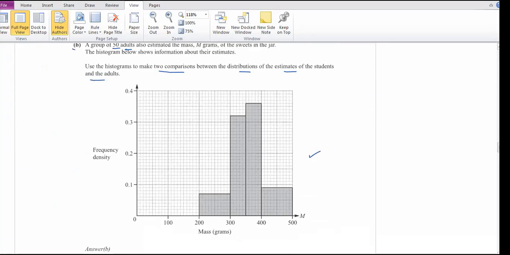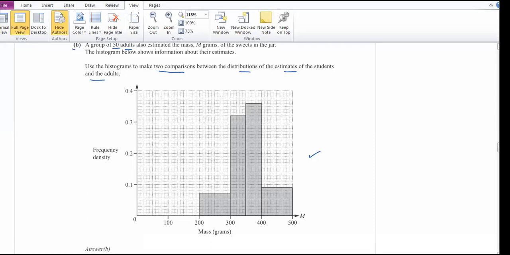For the comparison, look, the histogram of the students is covering more area, so we will say they have greater range.